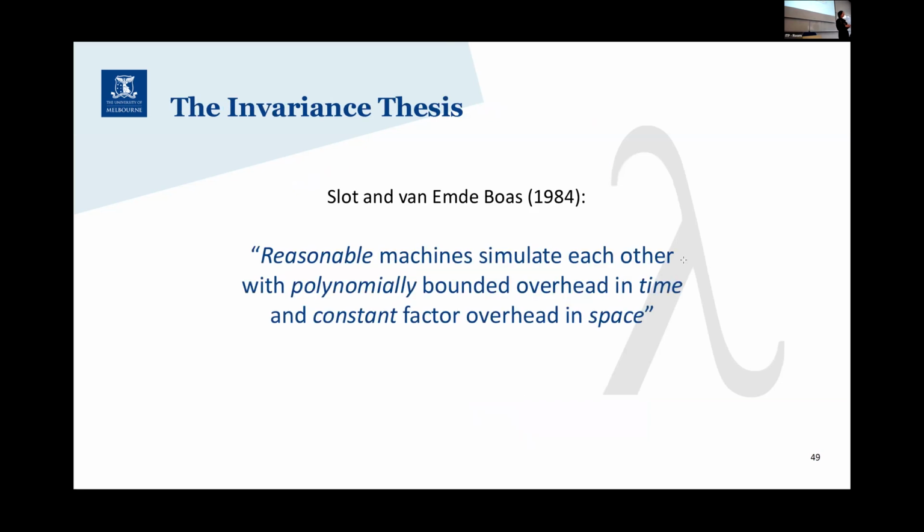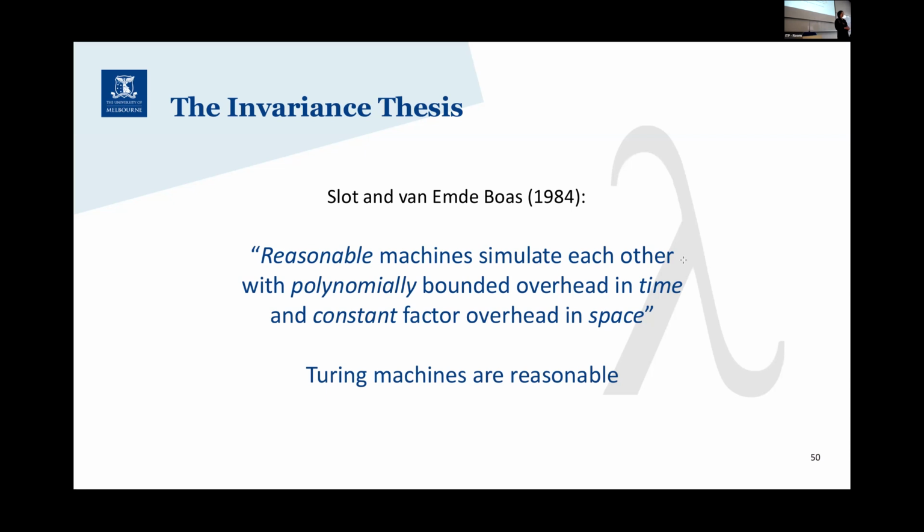This is where the invariance thesis comes in. Excuse my pronunciation, also for the rest of the paper, whenever I talk about people's names. So by Slot and van Emde Boas in 1984, they defined reasonable machines to simulate each other with polynomially bounded overhead in time and constant factor overhead in space.